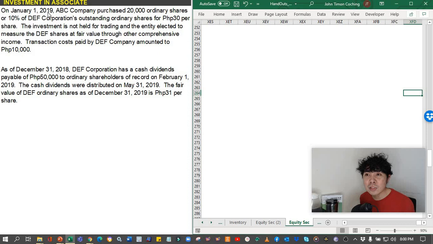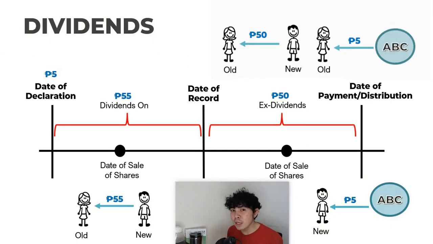What does it mean if our acquisition date is in between the date of declaration and date of record? It means that when we acquire the shares from the previous shareholder, we pay him upon acquisition, and what we paid is what we call dividends on.